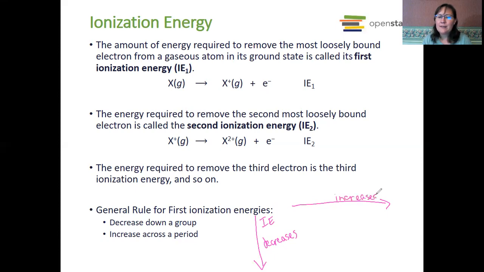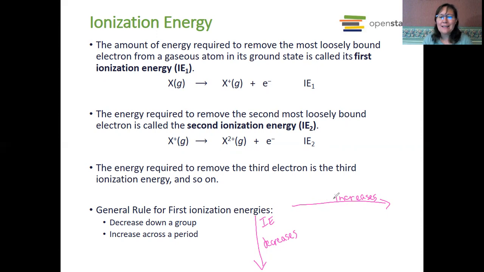Okay, and the reason it increases is that as we add more and more protons, it's hanging on to the electrons more and more tightly until we reach that noble gas configuration with stability.